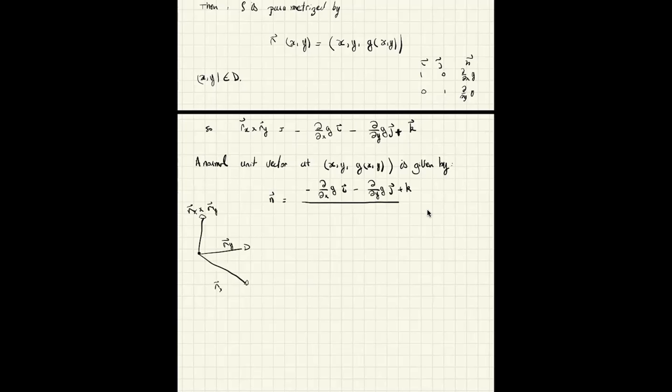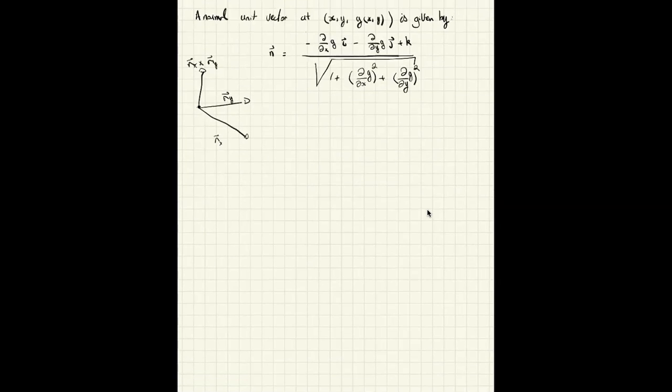So this will be normal to the plane that is tangent, right? But you have to normalize by the square root of the norm, so that you get a normal vector that is a unit one, right?